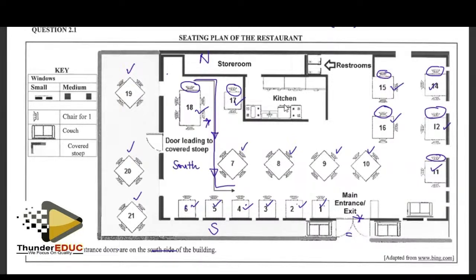You move in the southern direction, or you move south towards table 7, pass table 7, then turn east.